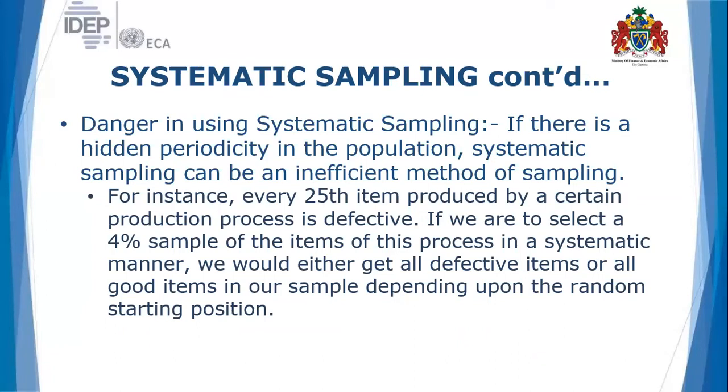In such cases, systematic sampling can be an inefficient method of sampling. For instance, every 25th item produced by a certain production process is defective. If we are to select a 4% sample of the items of this process using systematic sampling, we would either get all defective items or all good items in our sample, depending upon the random starting position.